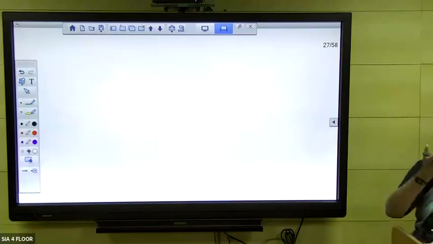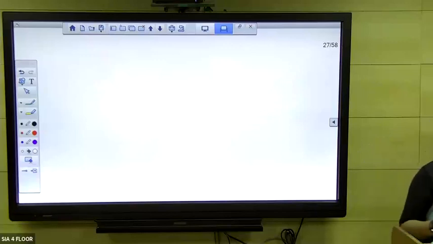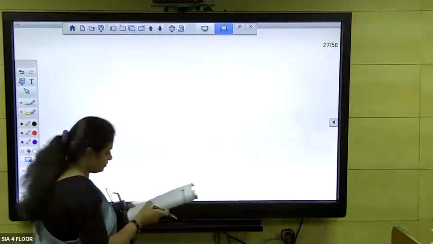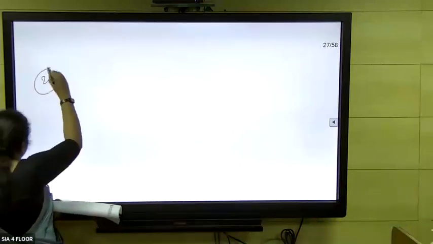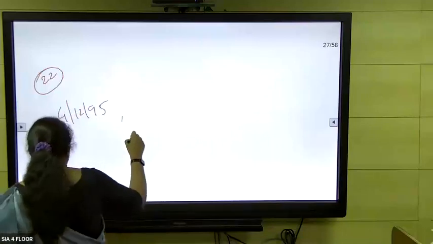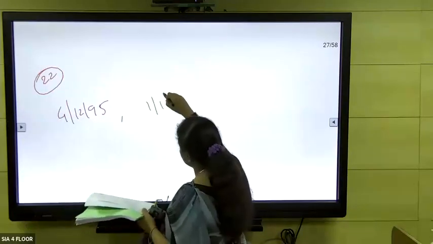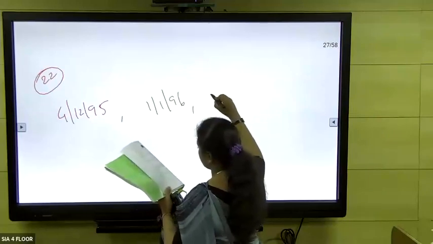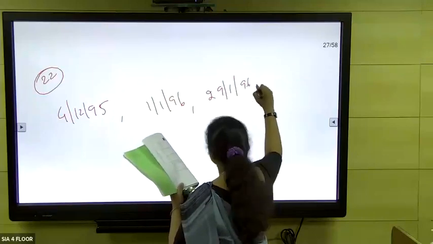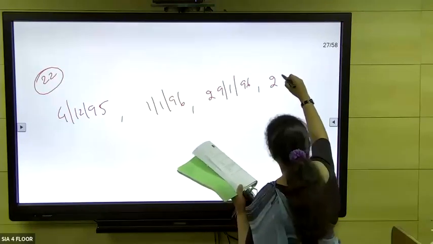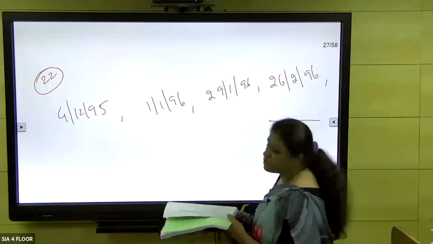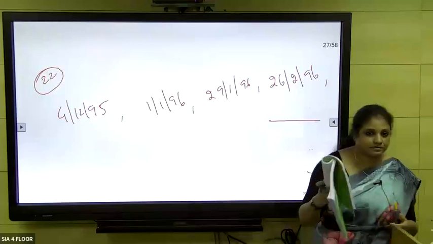Again, it is just a difference, but instead of numbers, they have given that as dates. What is the answer for this one? Can anyone tell me the answer?